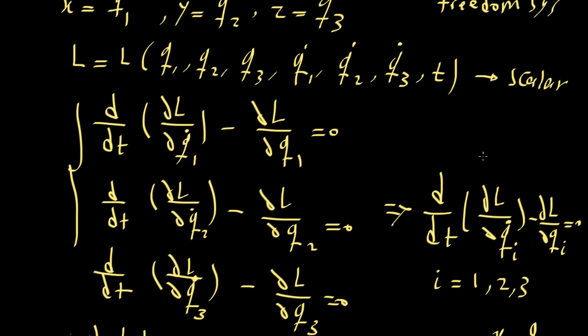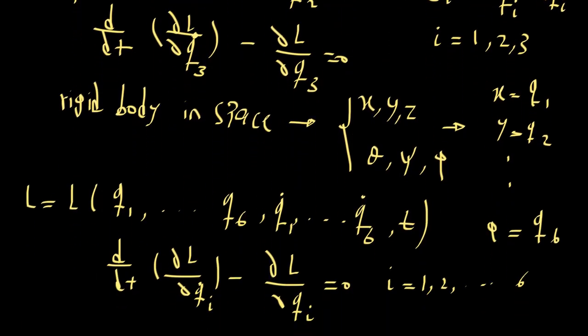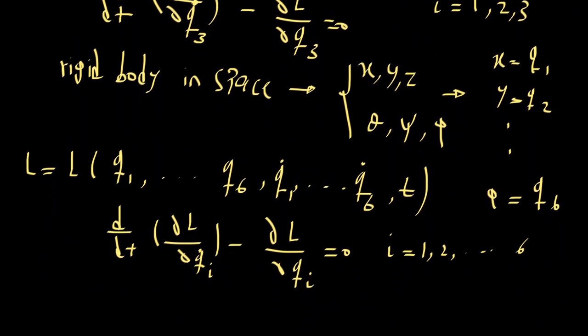That would be a subject for an advanced dynamics course, but we studied the kinetics of a rigid body in 2D, which basically had 3 degrees of freedom: x and y coordinates for, let's say, the center of mass or one point on the rigid body, and theta, the rotation about the axis that is normal to the plane.